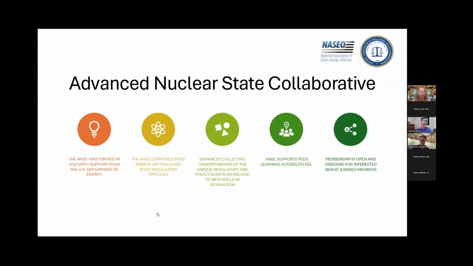I think for me, it's really been a great opportunity for peer sharing, mentoring, just having a network of colleagues to share and learn from. We are a multi-year cooperative agreement between DOE, Office of Nuclear Energy, and NARUC. It was an initiative out of the Nuclear Energy Partnership. Membership is open to state energy offices as well as public utility commissions. So welcome to all who's joining us today.